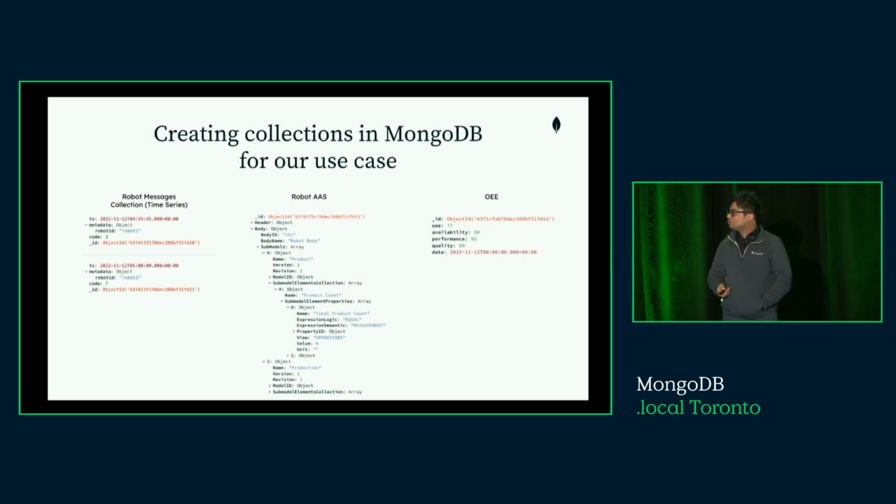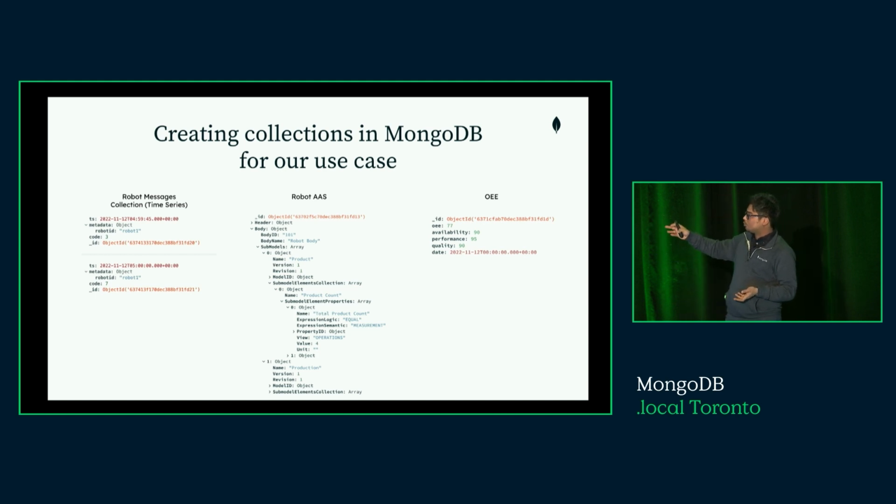So let's see how our data will look in MongoDB. We have the robot messages coming in as a time series. Then we have modeled our robot asset administration shell based on the business requirements that we wanted to capture. We have two submodels in the body.